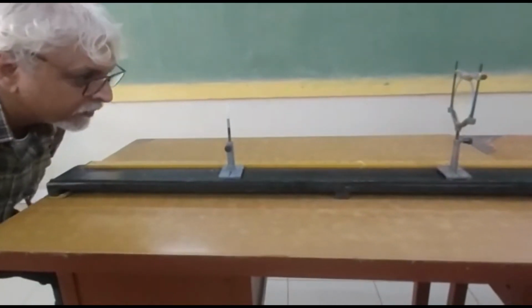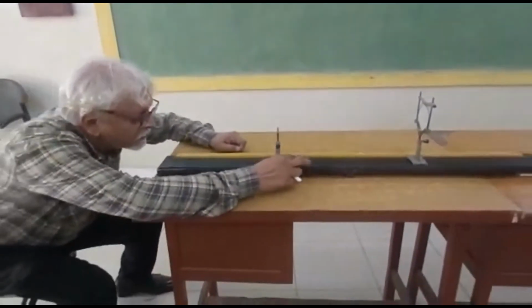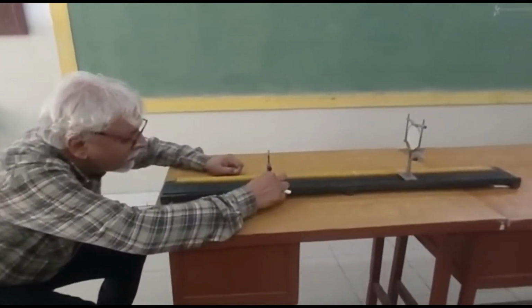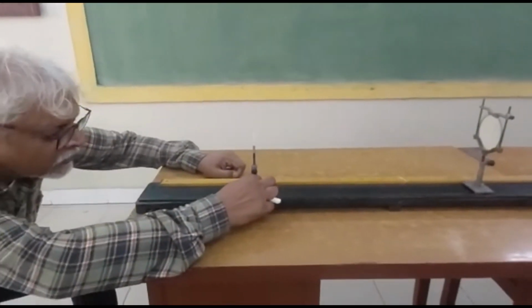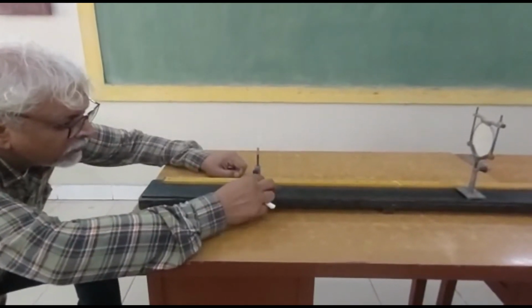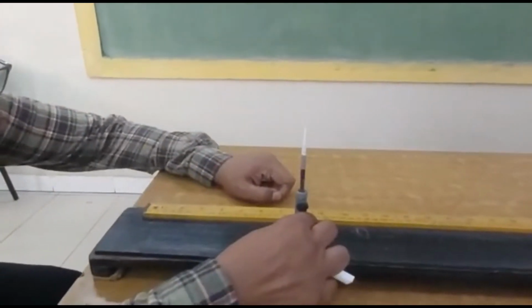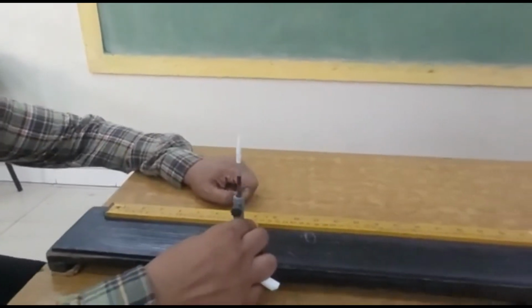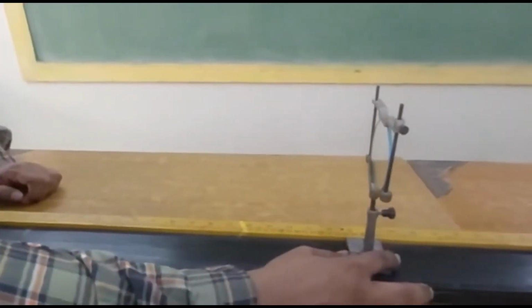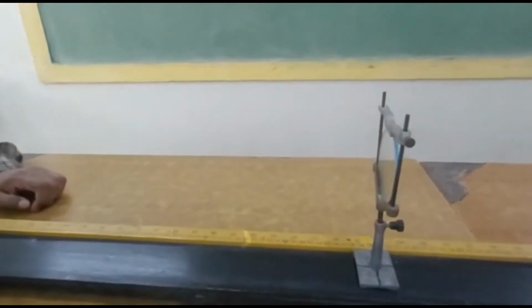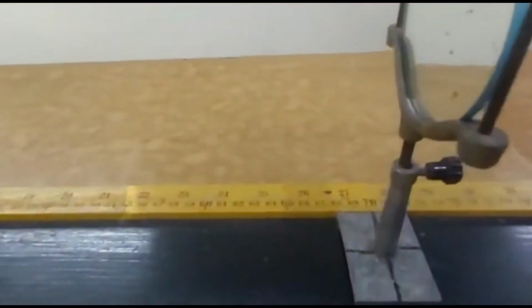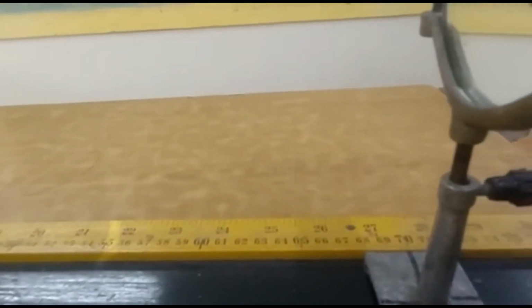Let me move it to the back. Now I can see that there's an inverted image formed. Let me move again. Yes, it's a little bit outside. Let me keep it here. Yes, okay, I've got this.